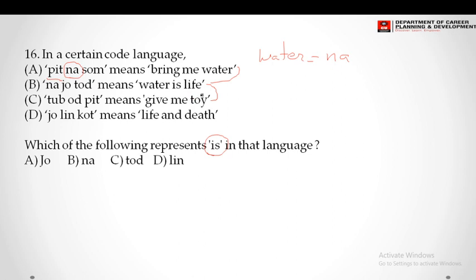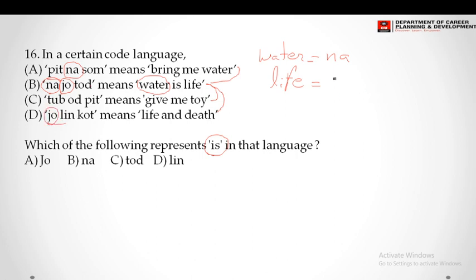Now we have to compare second and fourth one. So in second and fourth, life is common. We know the code of water, that is Na, and this code may be Jo, maybe Tod. So life is common. So first and fourth means Jo is common in first and fourth one.